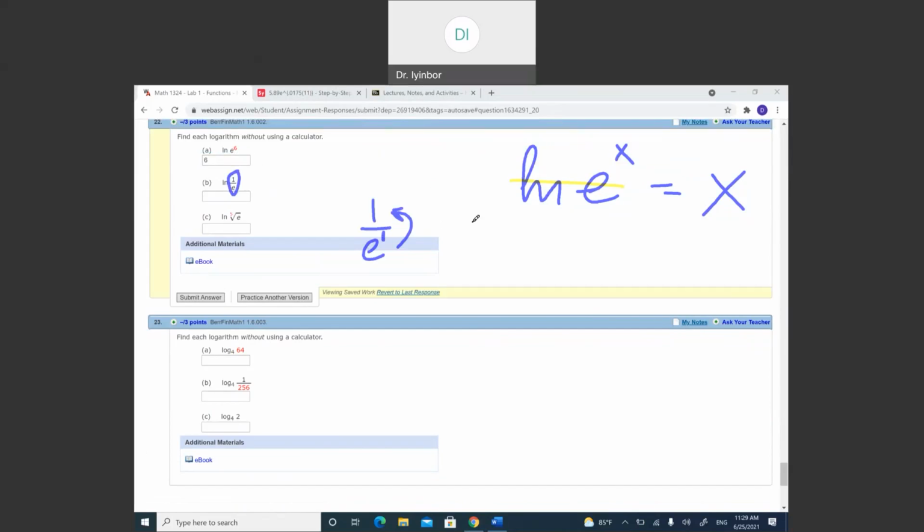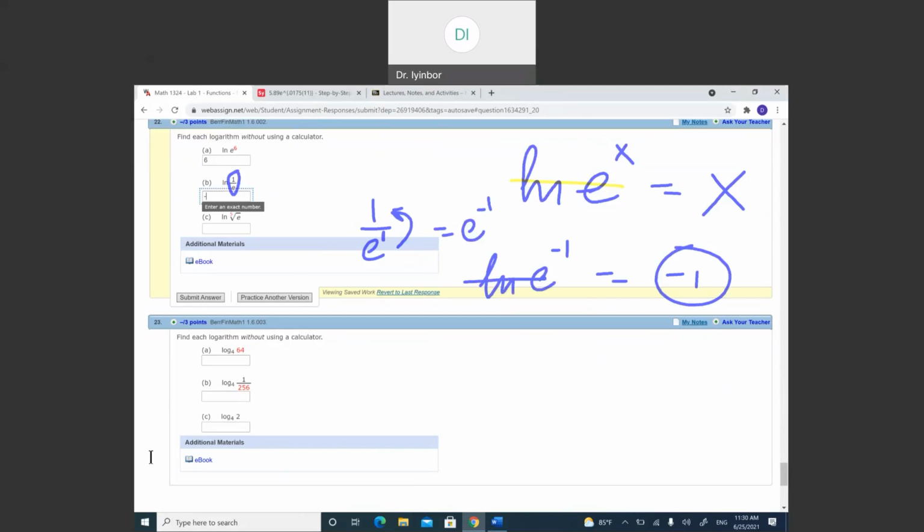When you change it to a negative exponent, because negative exponent means reciprocal, 1 over e becomes e to the negative 1 exponent. And looking at that, if I rewrite it, ln of e to the negative 1, this cancels out and it's going to be negative 1, whatever the number is going to be there. So this is negative 1.